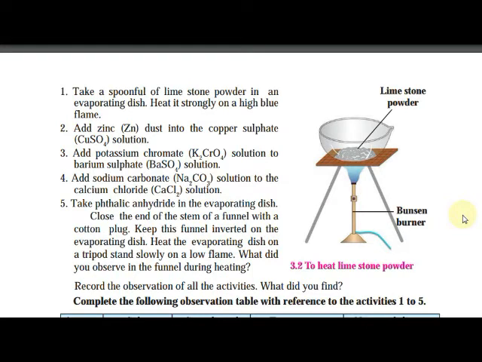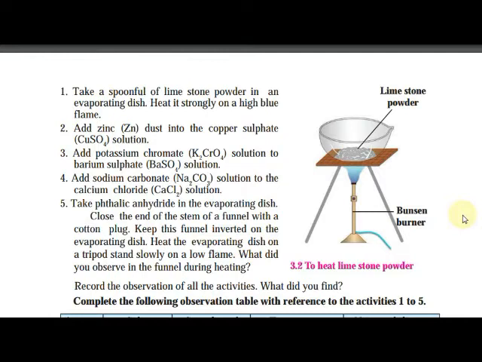What first of all you have to take? Limestone powder, then you have to add zinc into copper sulfate solution, potassium chromate solution to barium sulfate solution, add sodium carbonate solution to calcium chloride solution, and phthalic anhydride in the evaporating dish.